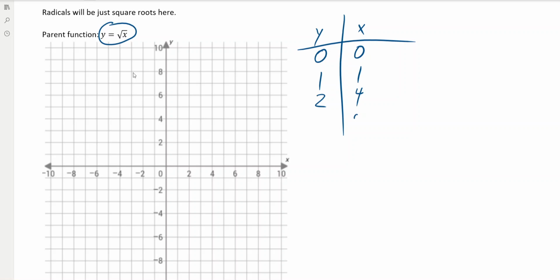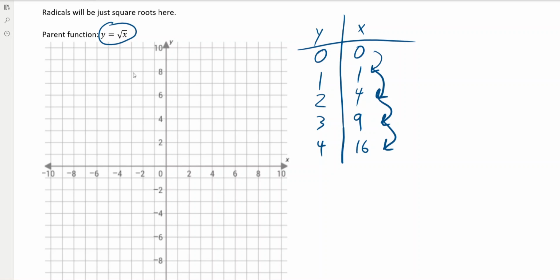And then x equals 9, y equals 3, x equals 16, y equals 4. That's because we're square rooting to go from the x to the y value. So it's a weird step up per x value. It doesn't step up by 1 every time.